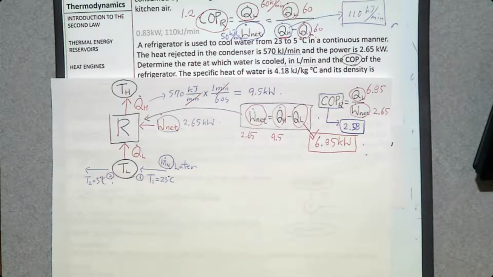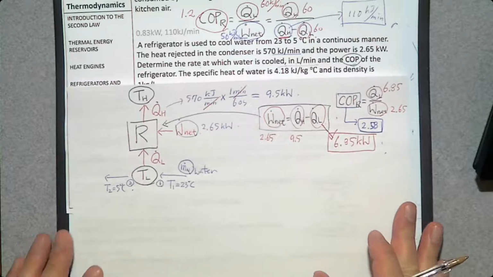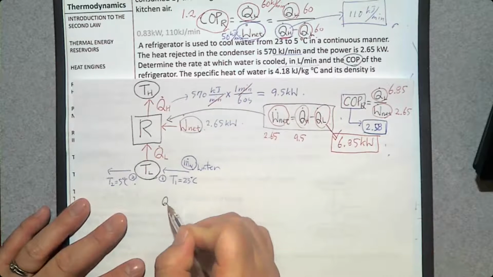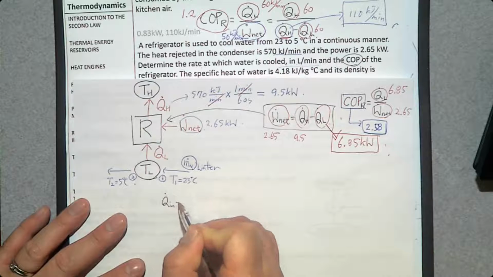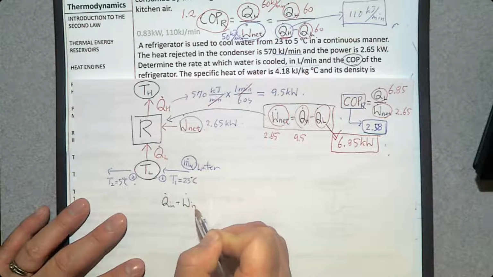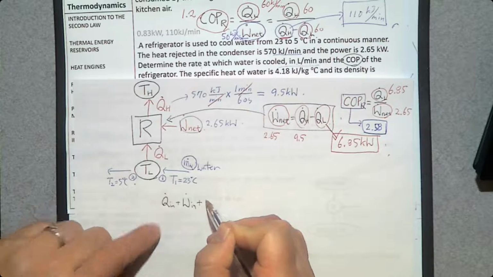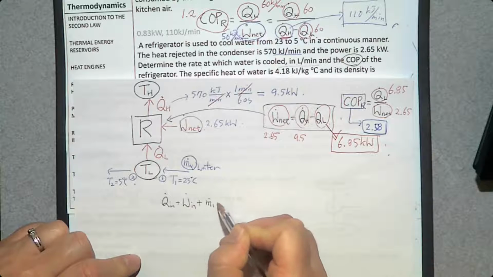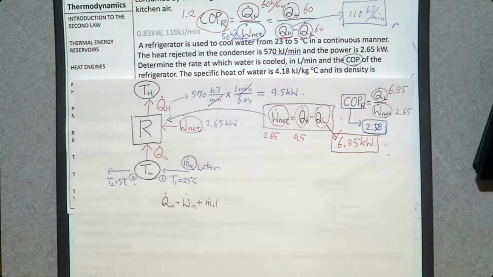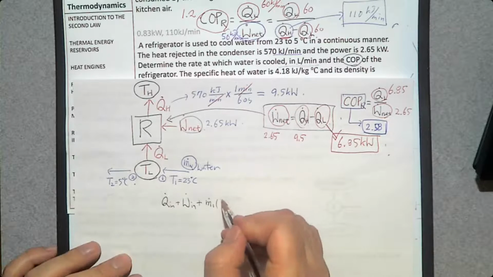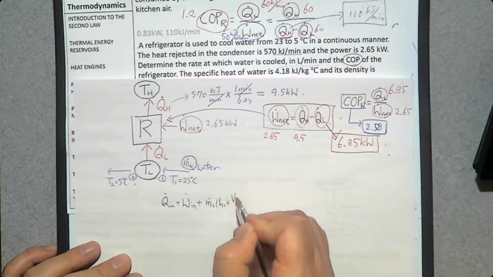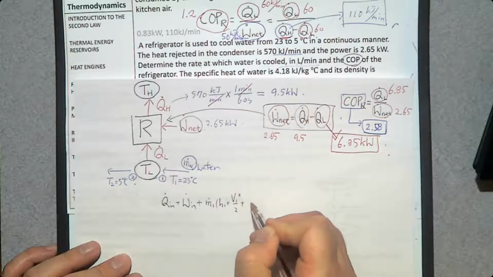What is the general energy balance equation for an open system? Q dot in plus W dot in plus, inlet is number 1, M dot at the inlet. This inlet has enthalpy, kinetic energy, and potential energy.